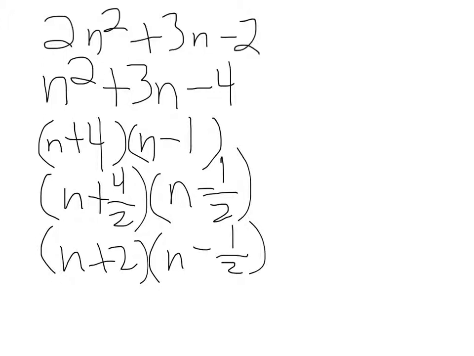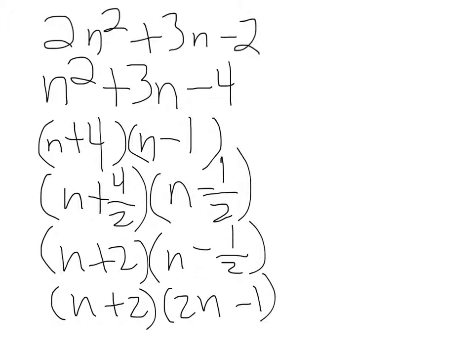And always at this point, if we have a value in the denominator, we swing it out front in front of the n. So our left-hand binomial, there's nothing to pull out, but in our right-hand one, we pull out the 2 and rewrite. So our new factored out version is n plus 2 times 2n minus 1.